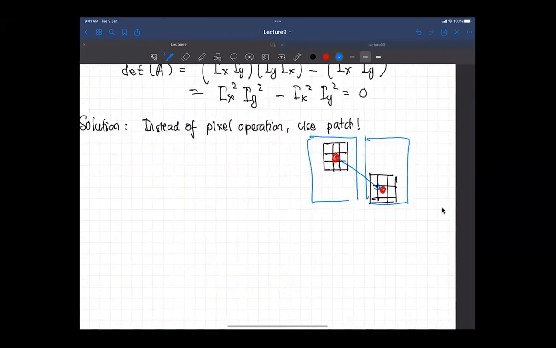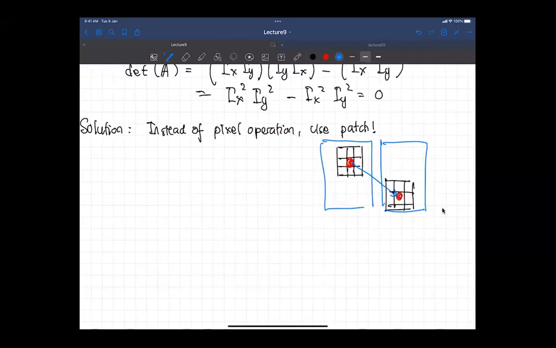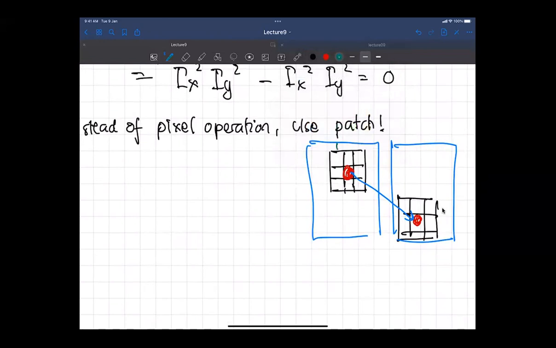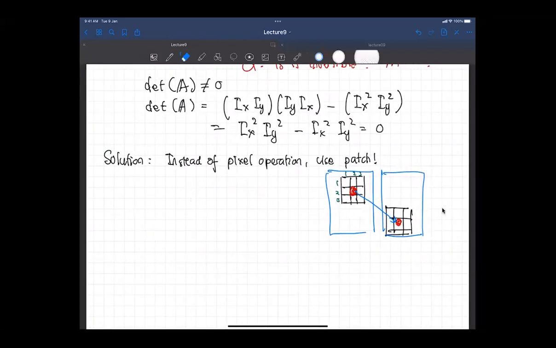Let's assume we have an index here. This one is 1, 2, 3, 1, 2, 3, so we put the index there. Let's take 1, 1. We have I at location x, 1, 1: Ix, the derivative with respect to x for the 1, 1 pixel.